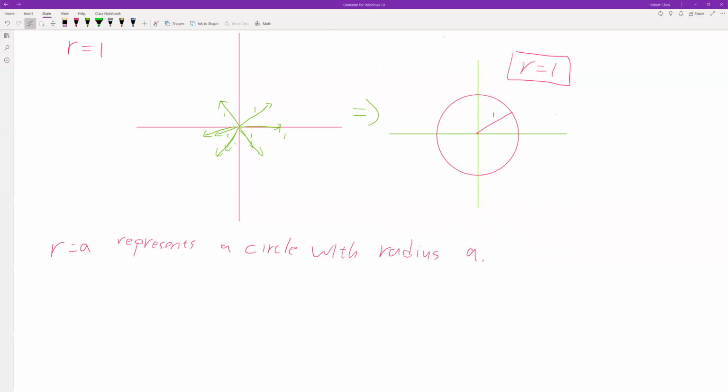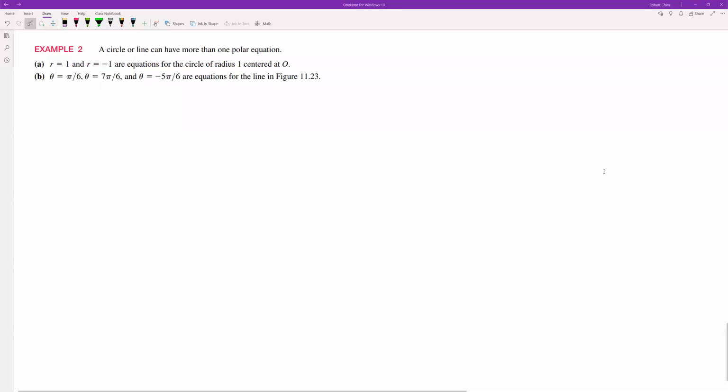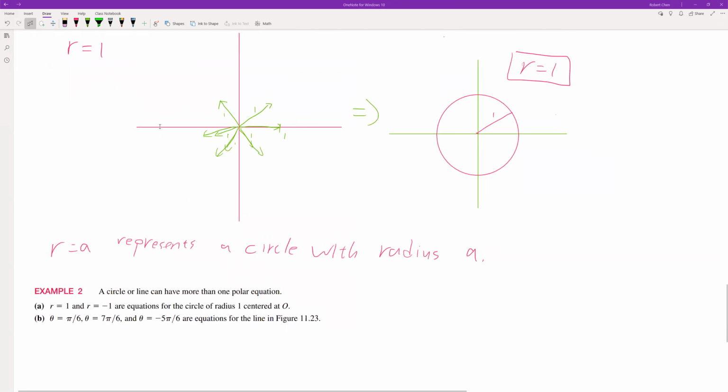Right? So let's look at something that's a little more fun. All right, so let's look at example 2. A circle or a line can have more than one polar equation. For example, part A, r equal to 1 and r equal to -1 are equations for a circle of radius 1, center at 0. Right? It doesn't matter if it's +1 or -1.